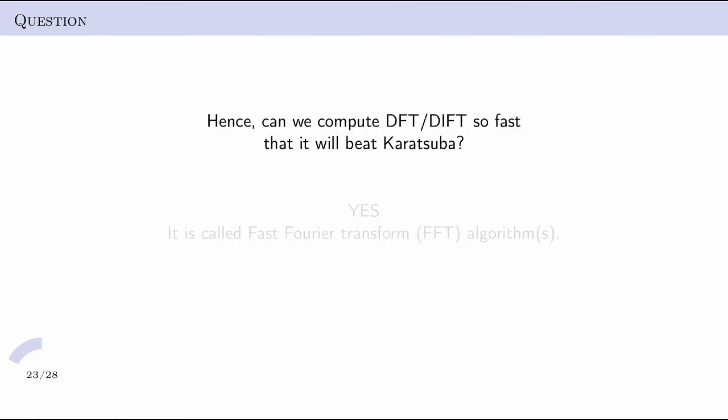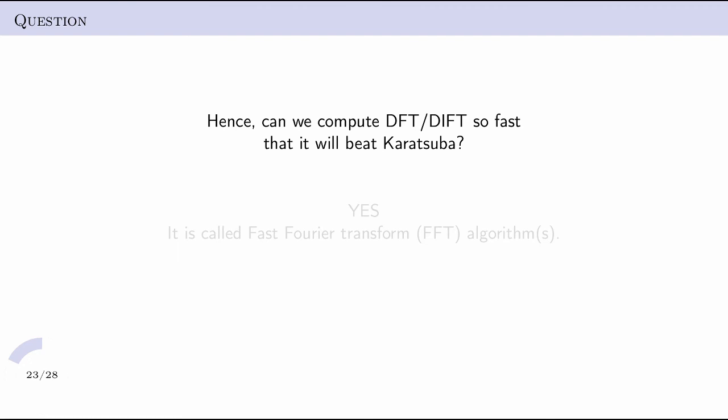And now comes the big question, the main question of today's lecture. Can we compute the discrete Fourier transform and the inverse discrete Fourier transform so quickly that the resulting polynomial multiplication will be faster than the Karatsuba multiplication? Recall that the Karatsuba multiplication had complexity n to the power 1.6.